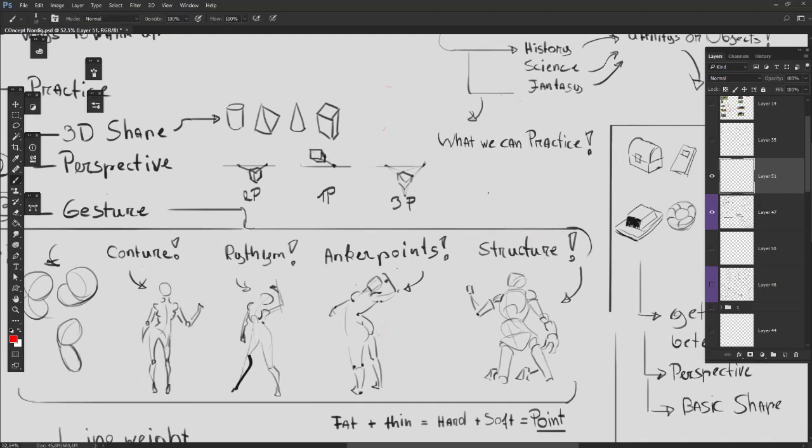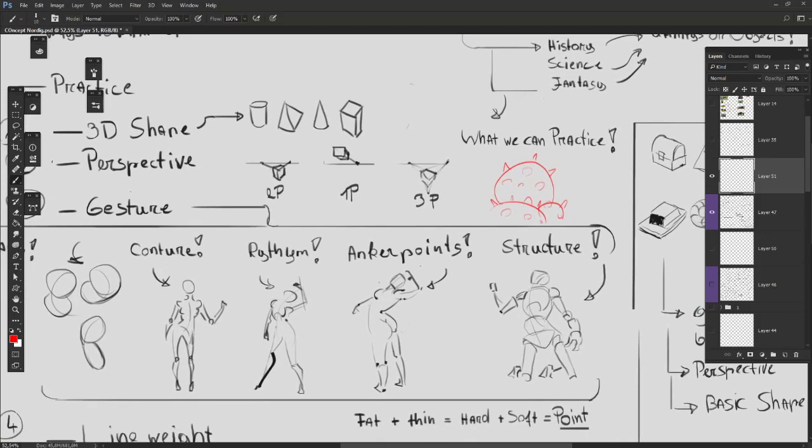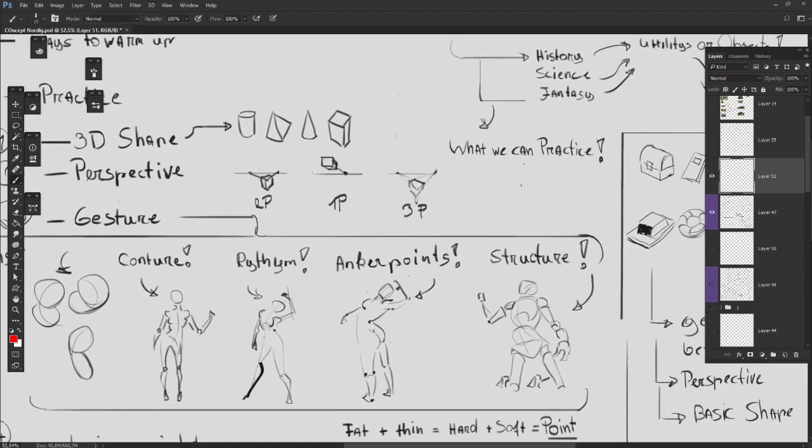I think it's way too much. Let's draw another one. Nice. And then add more stuff to it. Maybe a cactus, a weird round cactus. Maybe it has some holes into that. And that's it. So we added everything based on contour. Now it's time, I think, to add rhythm into that.